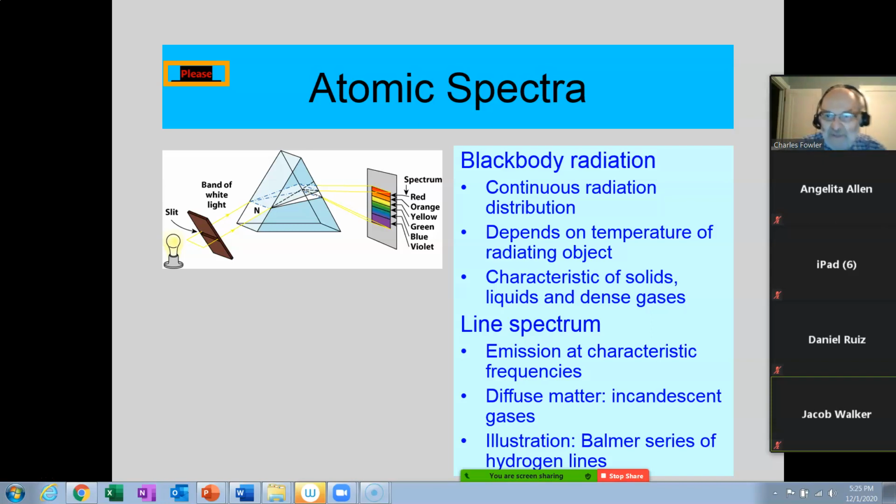Okay, so you have a very narrow slit here. It happens to hit a prism, and it hits at an angle. The higher energy light bends a certain amount, and the lower energy light bends a different amount.